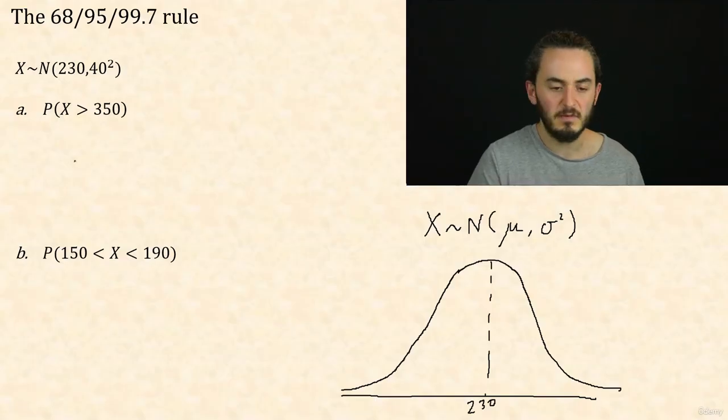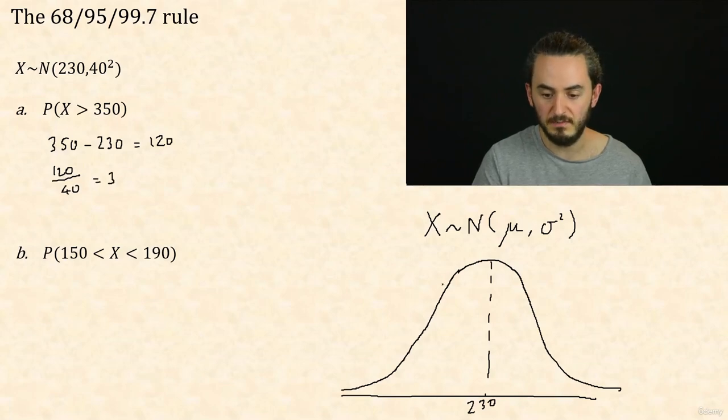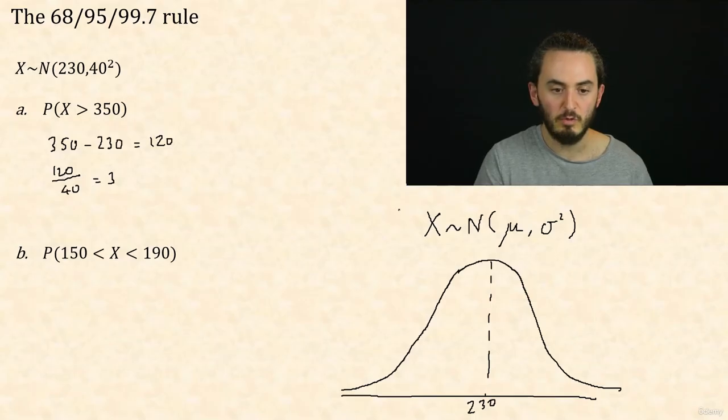Well, how many standard deviations above the mean is that? Well, I could do 350 minus 230. That tells me it's 120 above the mean. Well, 120 divided by 40 will tell me that it's 3 standard deviations. So 3 standard deviations above the mean. Remember that 99.7% is within 3 standard deviations.